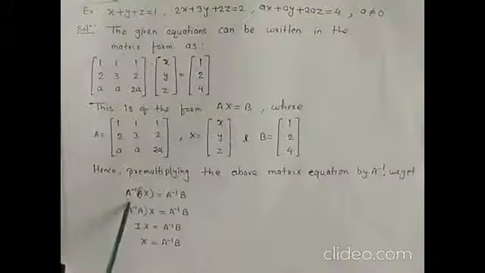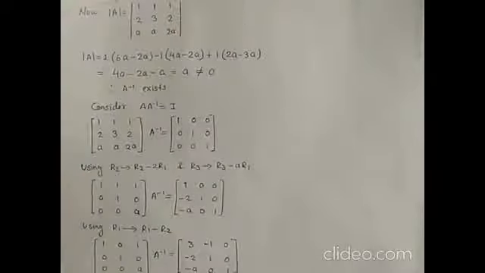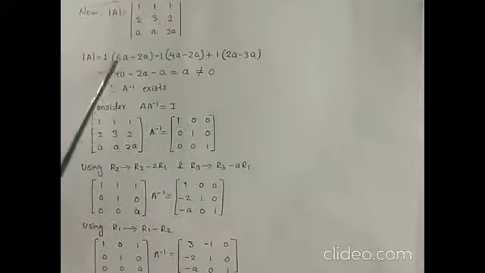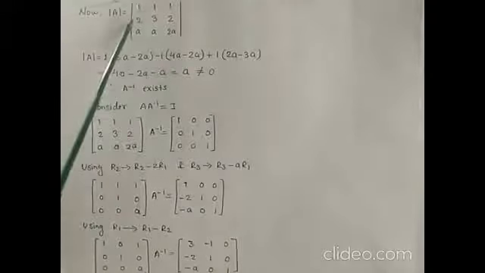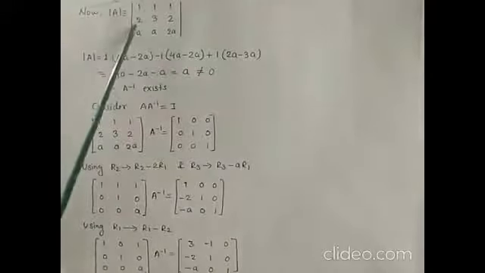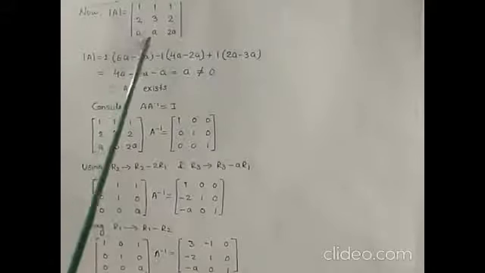Now children, before finding the inverse, we will find the determinant of this coefficient matrix. Now the determinant of the coefficient matrix: 1 into (3 into 2a, 6a, minus 2 into a, 2a), then minus 1 into (2 into 2a, 4a, minus 2 into a, 2a), again plus 1 into (2a minus 3a).